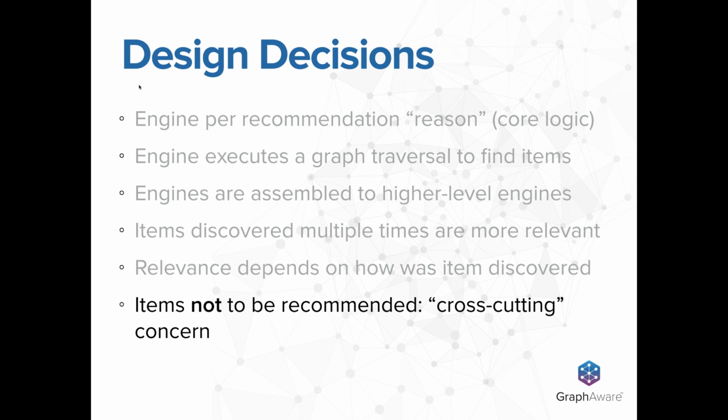So the items we don't want to recommend might be, on a dating site, people with too much of an age difference or the wrong gender, or in products, items that are out of stock, and especially not items that the user has already bought. So we think these should be encapsulated somewhere else, but definitely not in the engines themselves.